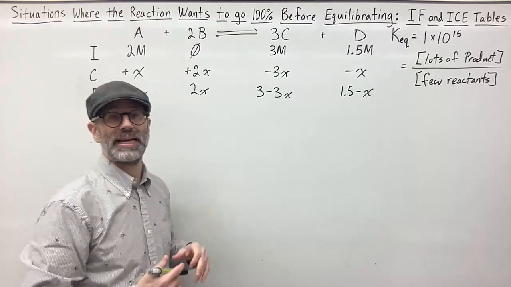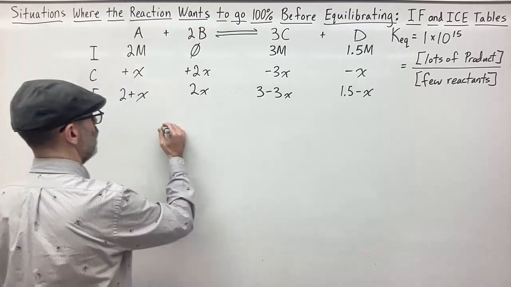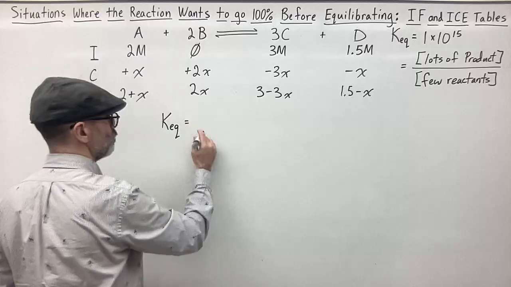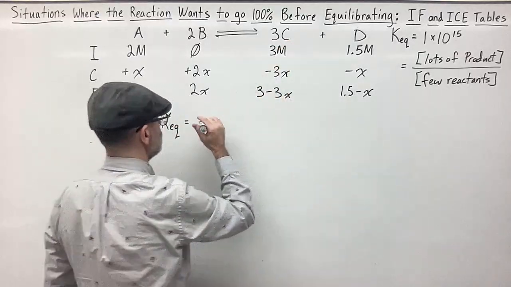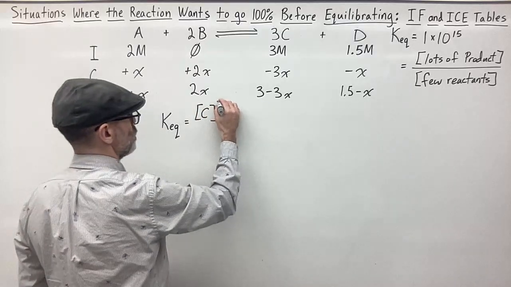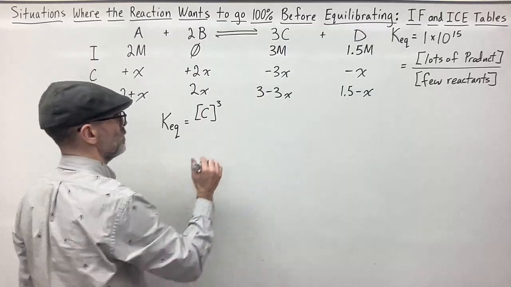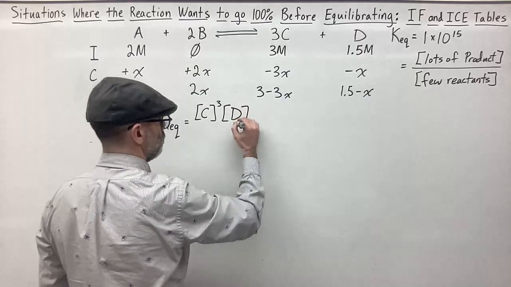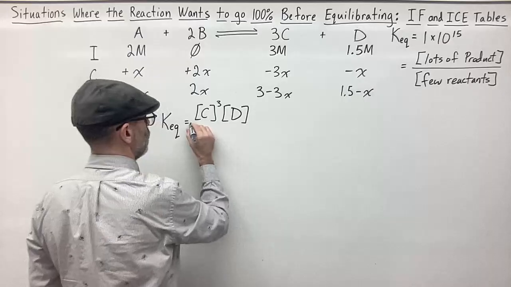So now I can plug that into my equilibrium constant expression. So remember, the Keq is equal to products over reactants. So that's going to be the concentration of C raised to the power of 3, because the coefficient is a 3. And we're going to multiply that by the concentration of D to the 1 power, because the coefficient is 1.